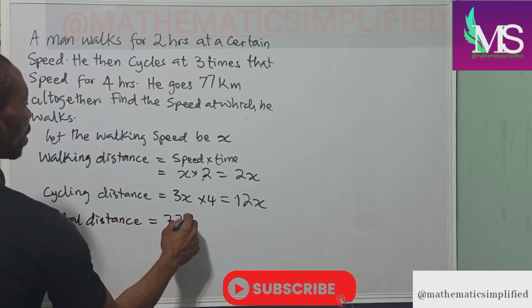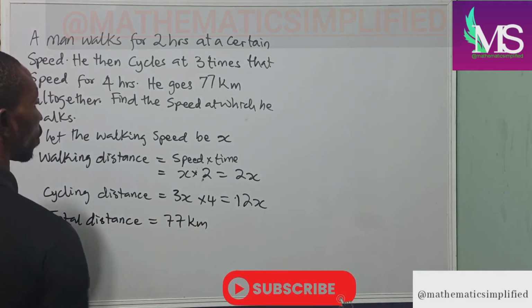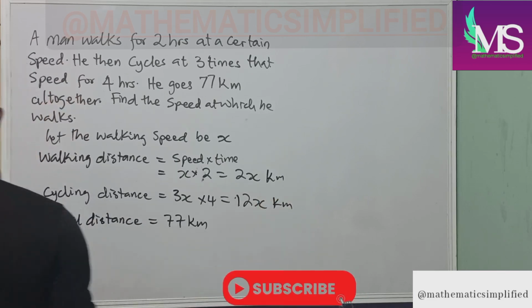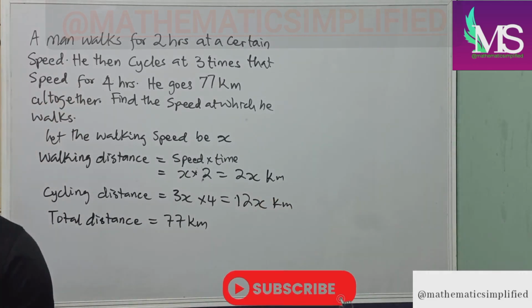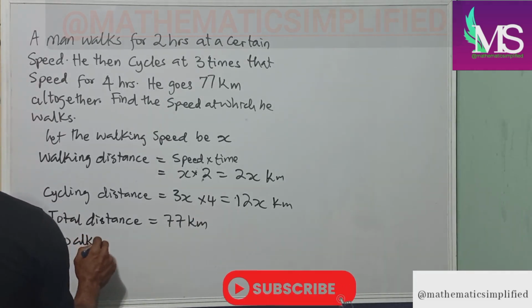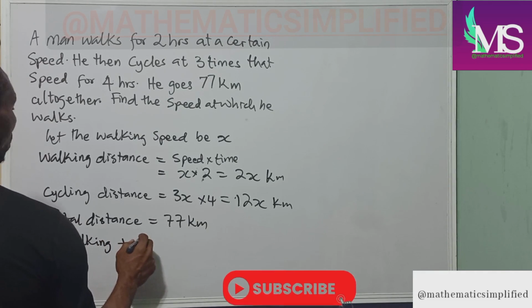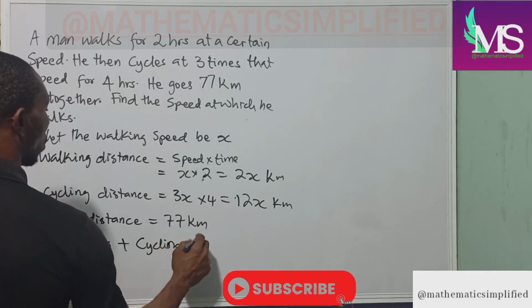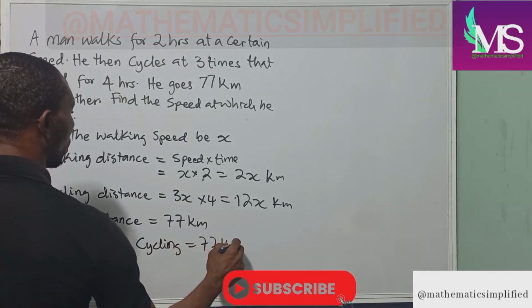Now, from here, they say that the total distance equals 77 kilometers. Okay, this is in kilometers. Now, he said the total distance is 77 kilometers. So that means walking plus cycling equals 77 kilometers.